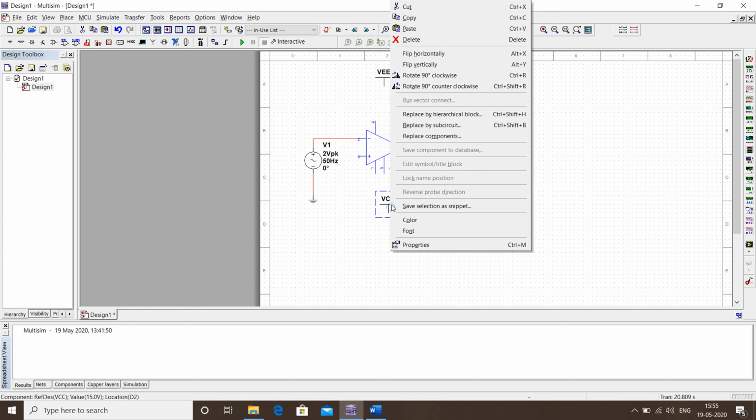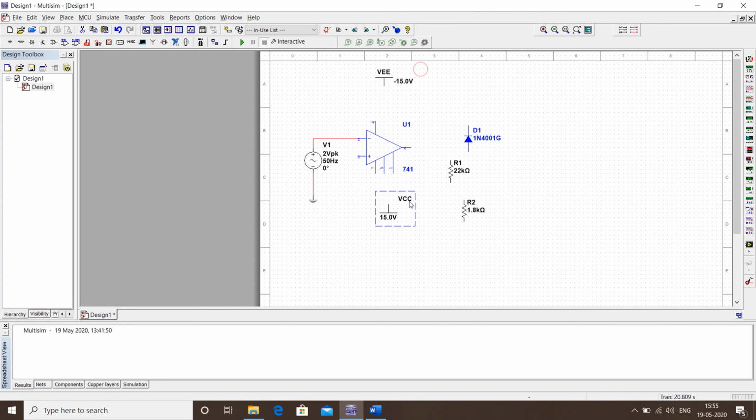This also I will flip so that I can easily connect the terminals at the pins that are available, and this is pin number 4, which is this.